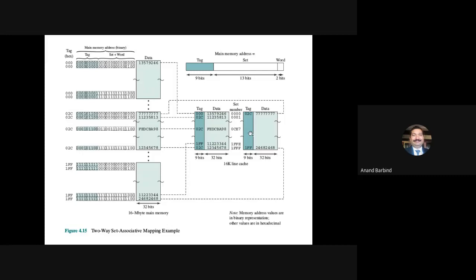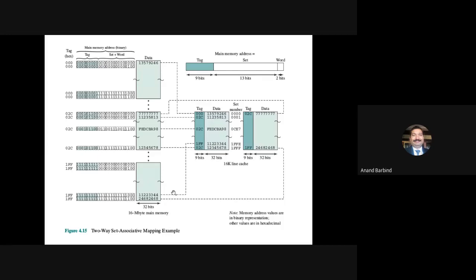Here again you can see that the set number is given here, that is 0000 0001, and it goes up to 1FFF. In that particular set, you can use any of the locations to store that particular data.